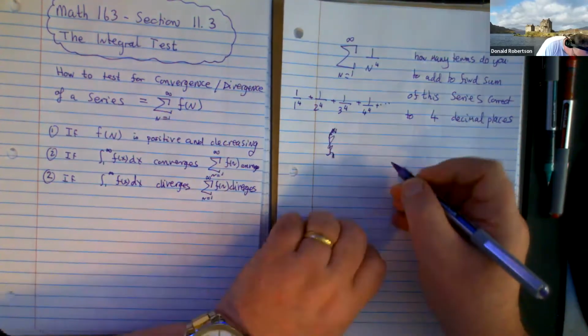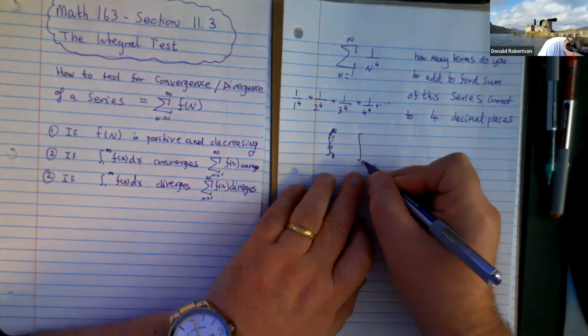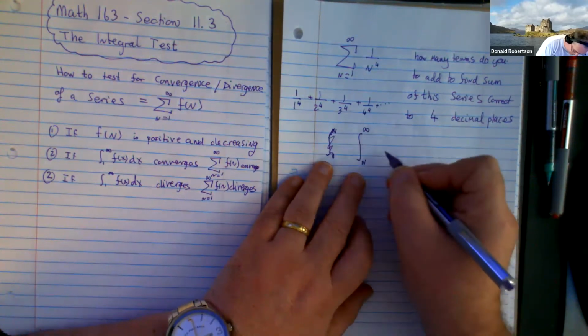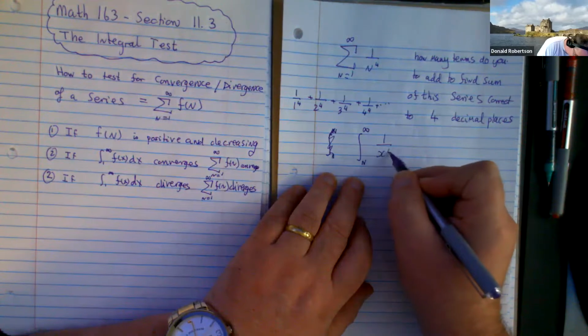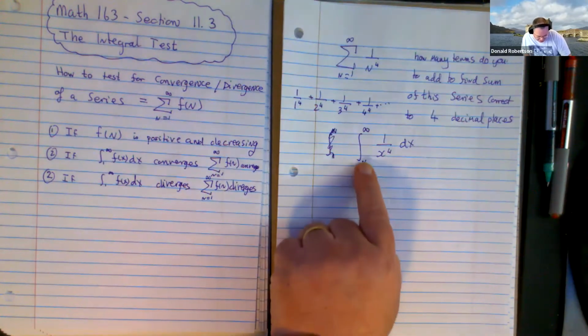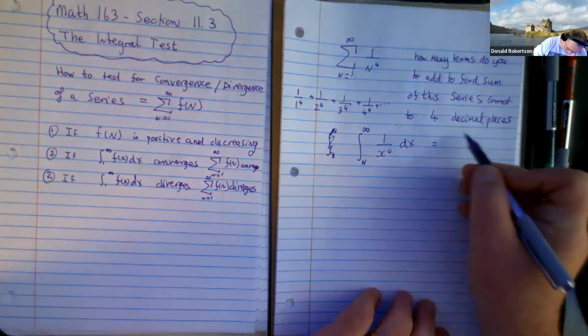The integral from n to infinity, we're going to calculate that guy, right? And we're going to do it for 1 over x to the 4 dx. Now, if this guy from n to infinity, I want this guy to be correct to 4 decimal places.